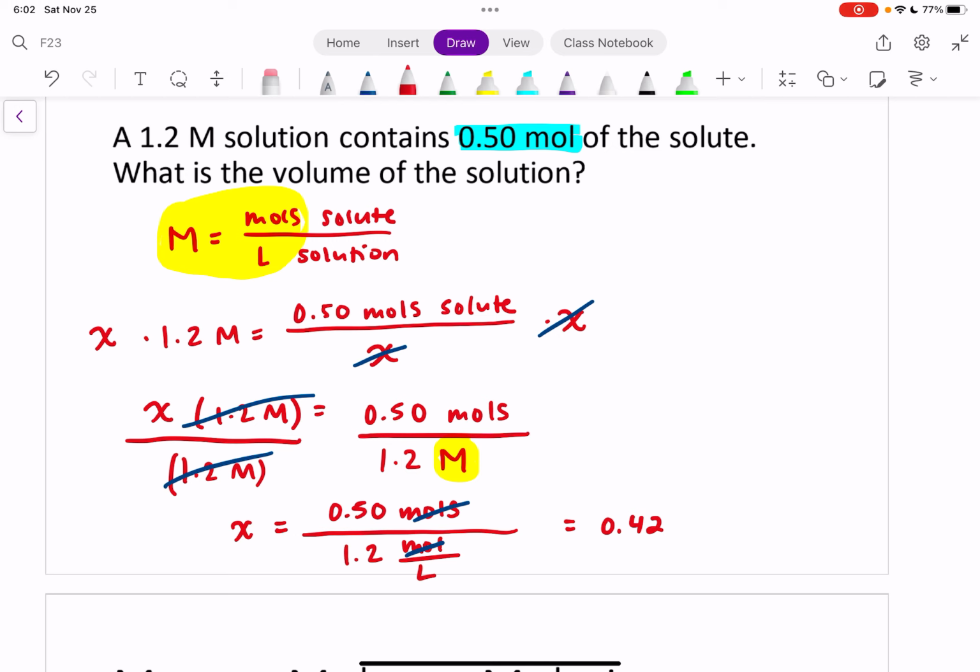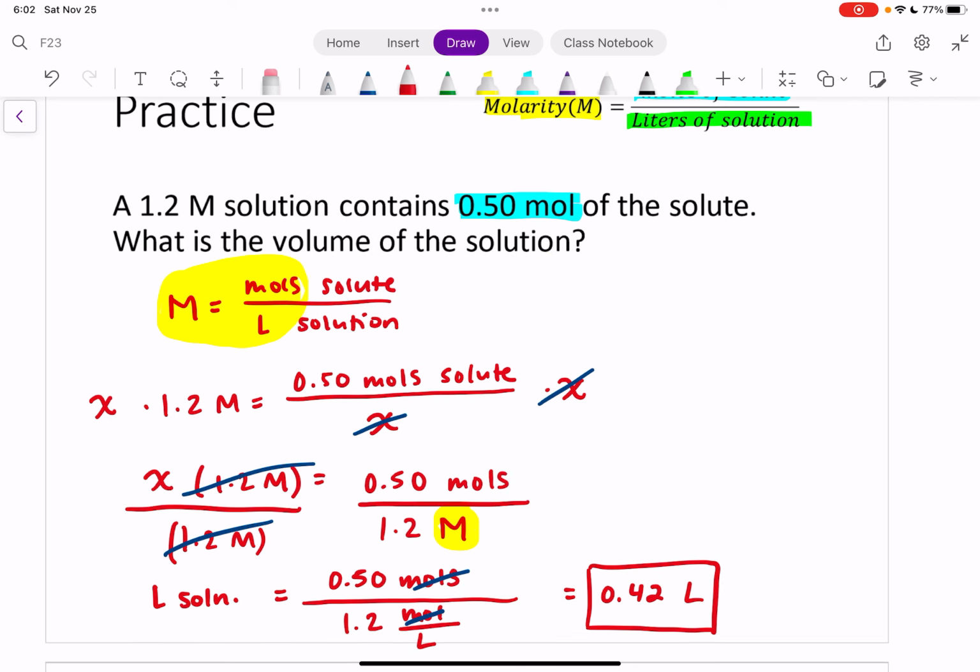So 0.42 liters. And let's replace X with our liters of solution. So the volume of a 1.2 molar solution containing 0.50 moles of our solute is 0.42 liters.